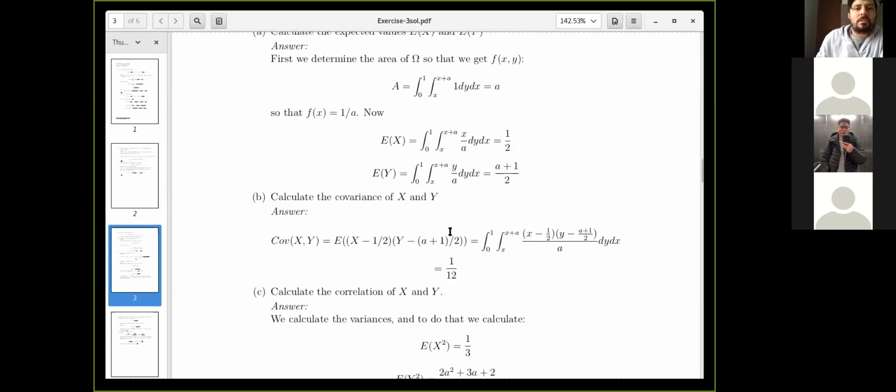And now this covariance integral, when we calculate this, it becomes a bit heavy, but it comes down to 1/12. You can toss it into software if you want to. We don't have time to go through all the algebra here. But you can get 1/12.